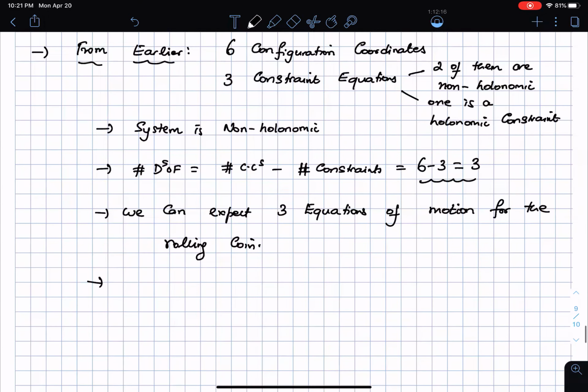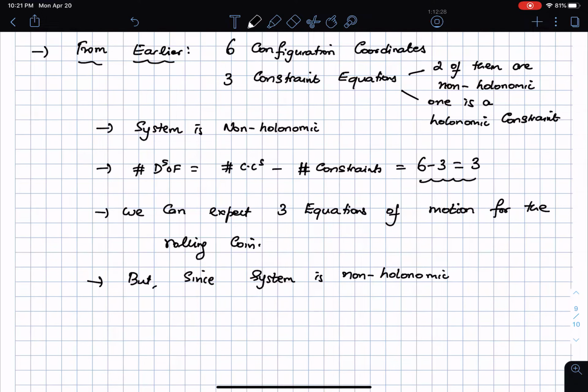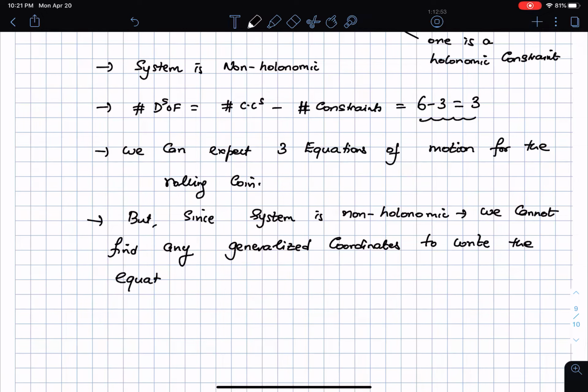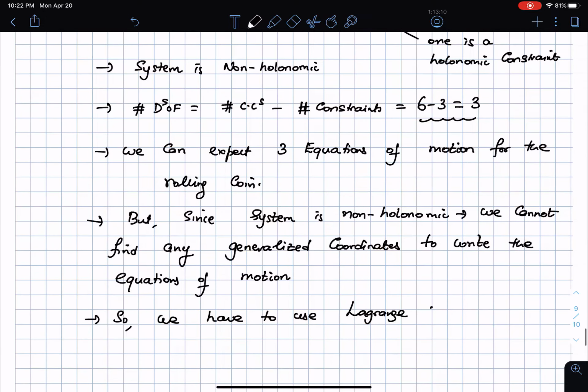But since the system is non-holonomic, we cannot find any generalized coordinates to write the equation of motion, which means that we have to use Lagrange multipliers to solve the problem.